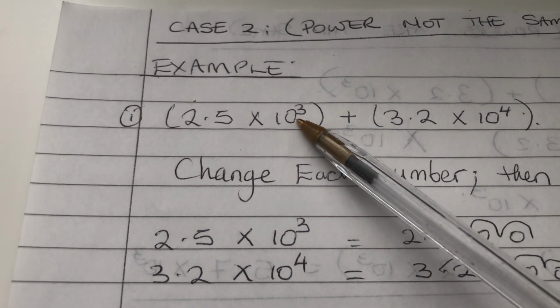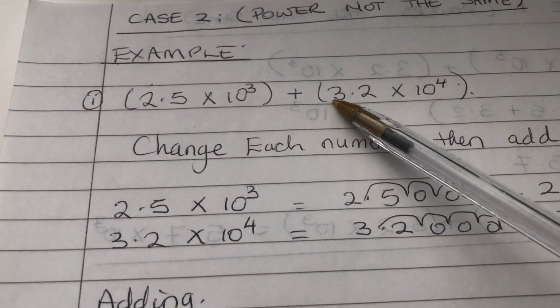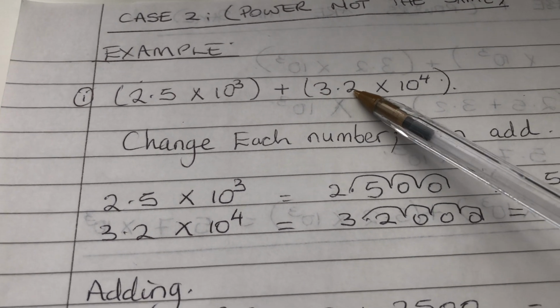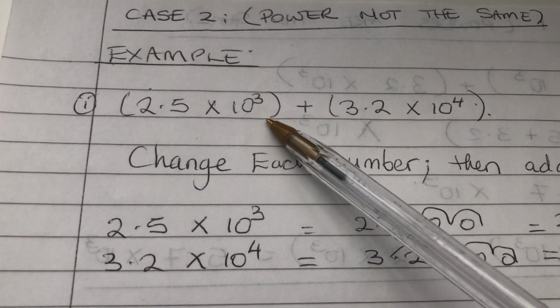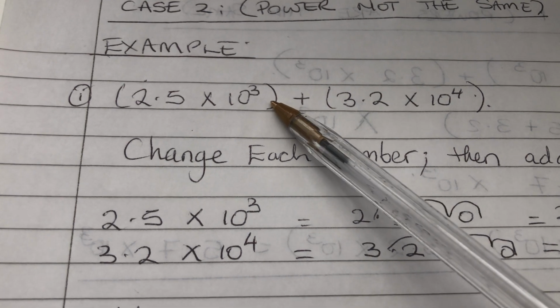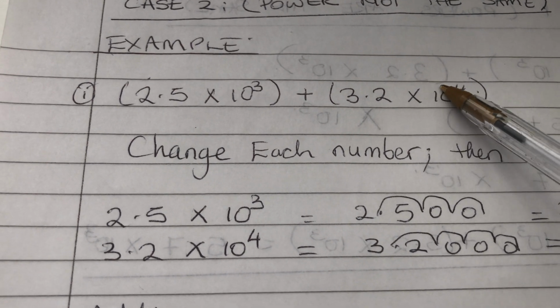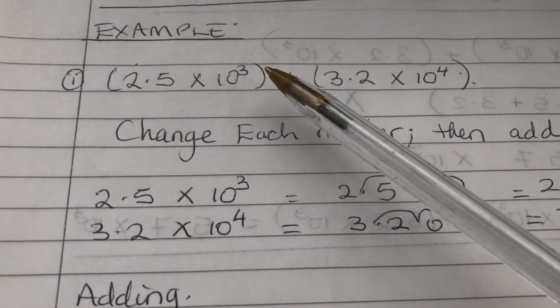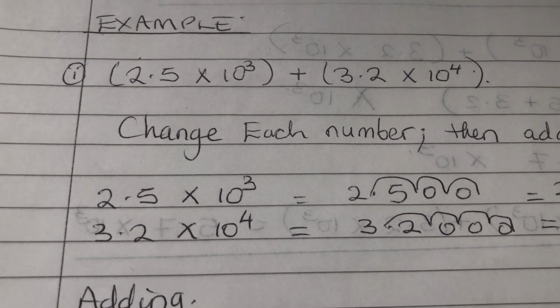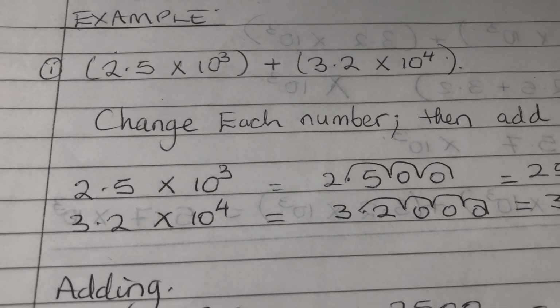So 2.5 times 10 to the power 3 plus 3.2 times 10 to the power 4. Note here, 10 to the power 3 and 10 to the power 4, the powers are different. So which one are you going to bring out? The powers are not the same.